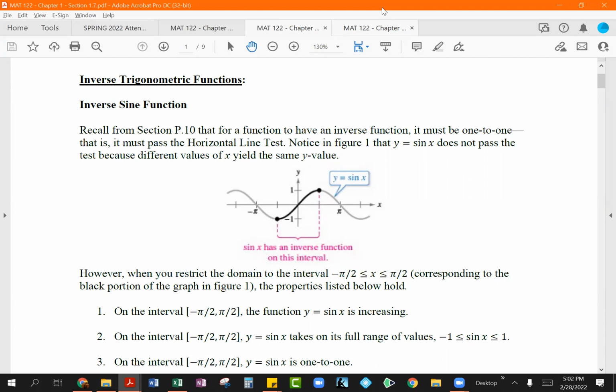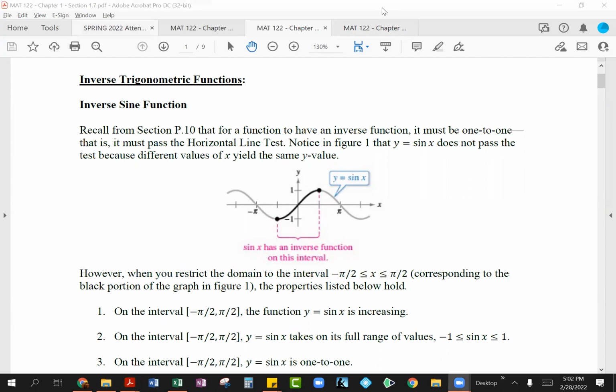Some of the other properties that you may remember from inverse functions is, of course, the original function itself has to be 1-to-1, which means that if you draw a horizontal line through your function, it will only cross the graph at one point.